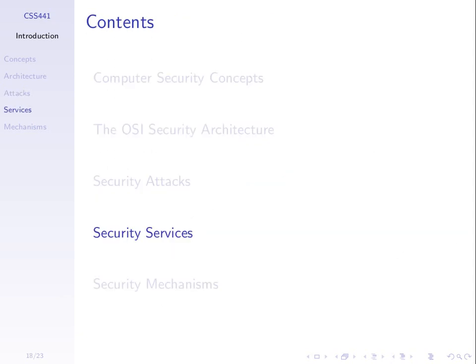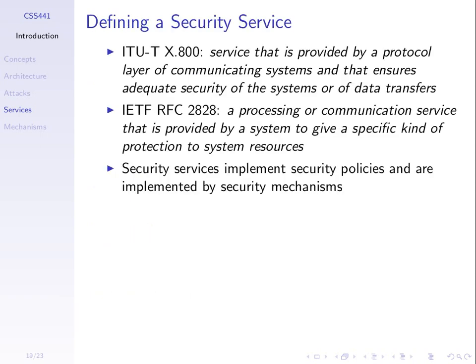So we want to look at the techniques or mechanisms to prevent and detect those types of attacks. And we'll group those mechanisms together to say that they provide a set of services to our users. So let's list the set of services, and there are 6 that we'll define.